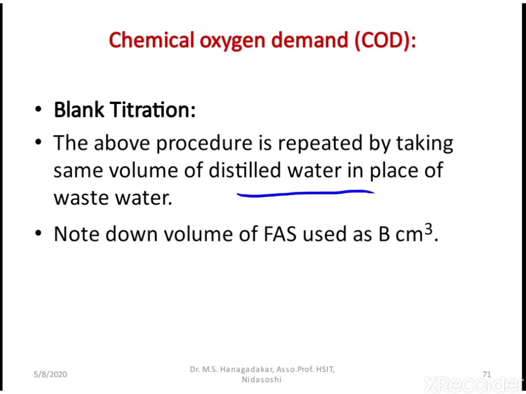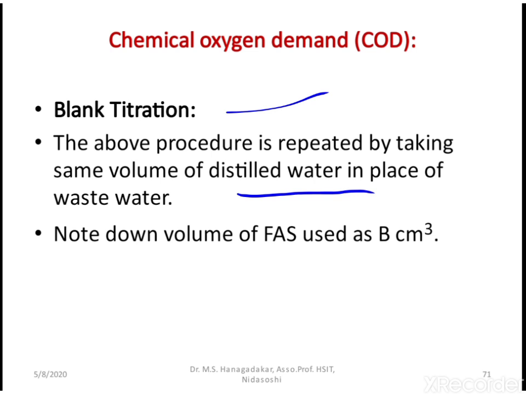Take a known volume of distilled water in an RB flask, add a known volume of K2Cr2O7 of known concentration with dilute sulfuric acid, add 1 gram of mercury sulfate and 1 gram of silver sulfate, then reflux continuously for 2 hours.